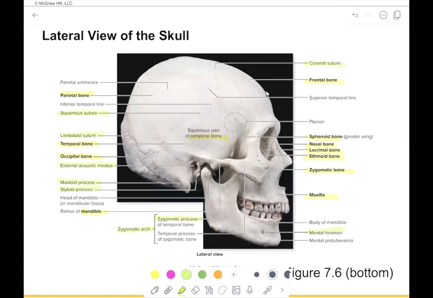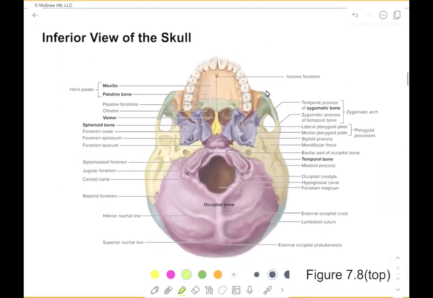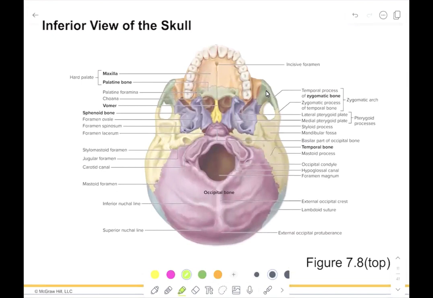So there's four main sutures, and there's another suture which you can see from the superior view. When we look at an inferior view of the skull, we can see the maxilla, palatine bone, vomer, sphenoid bone, temporal bone as well.